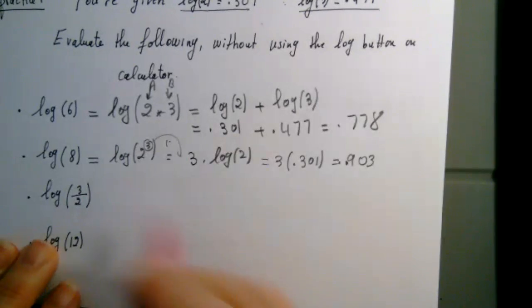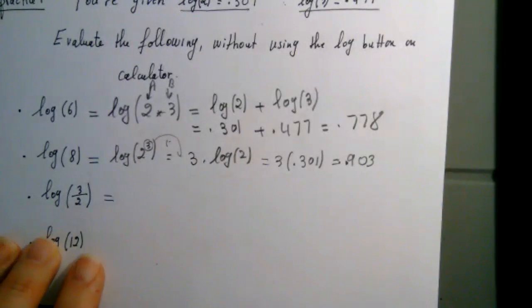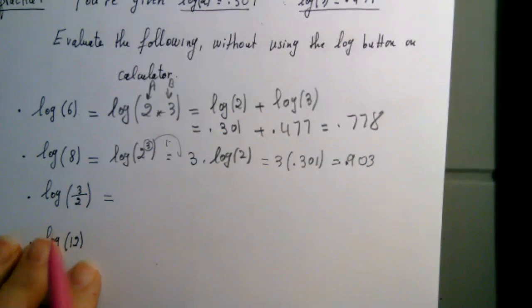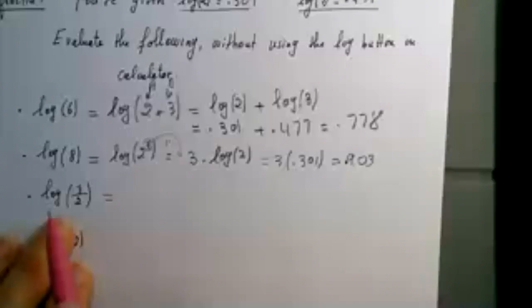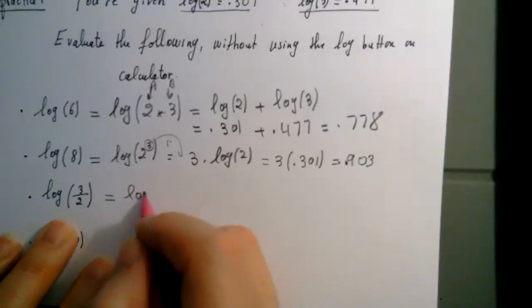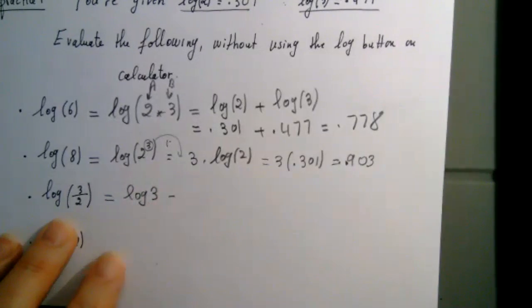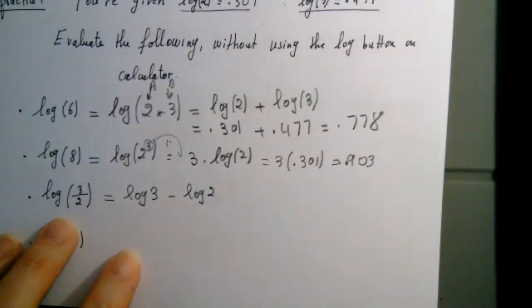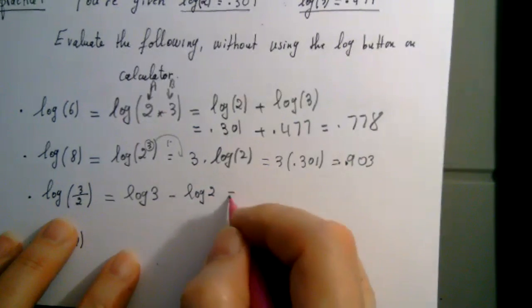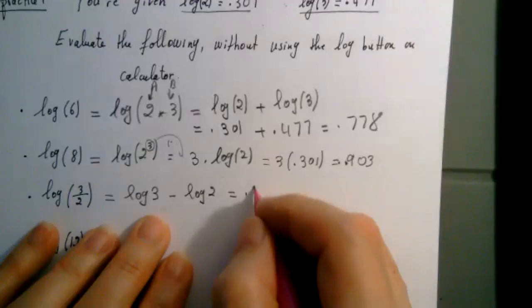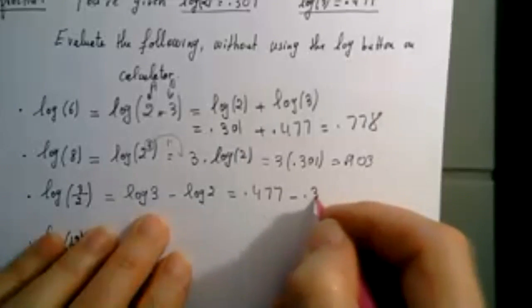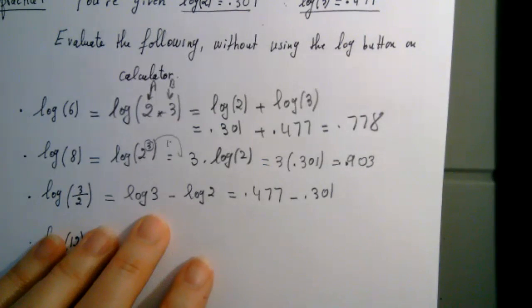Okay. Now, log of 3/2. I'm going to use property 3. This is A and this is B. And this is going to tell me log of 3 minus the log of 2. So according to my numbers, it's 0.477 minus 0.301.